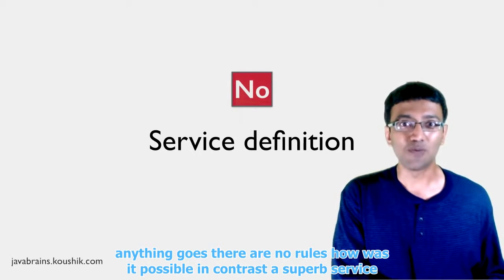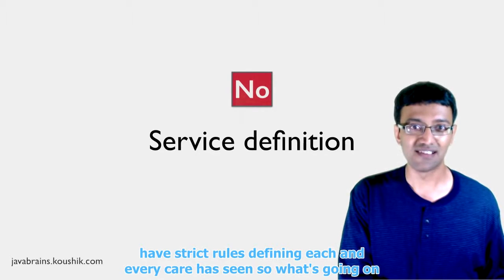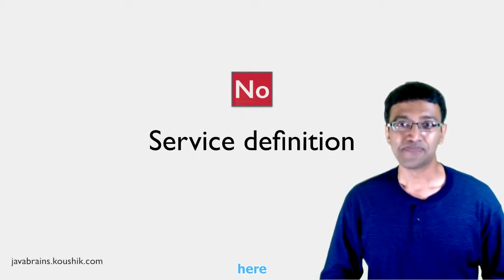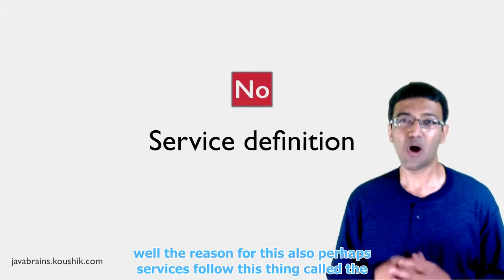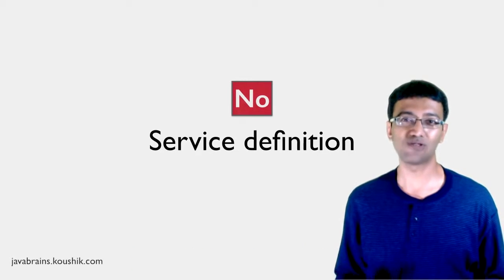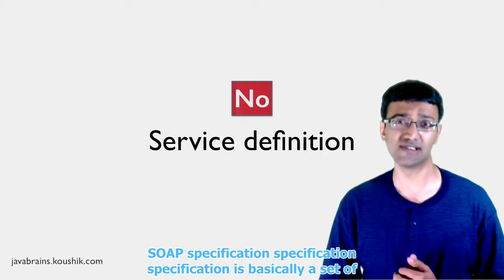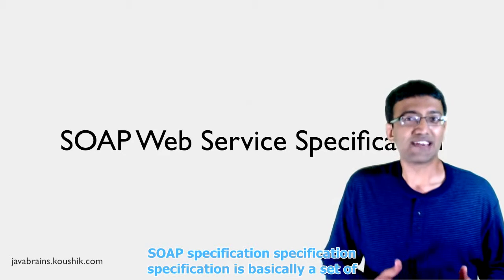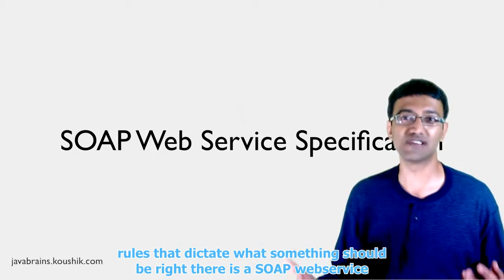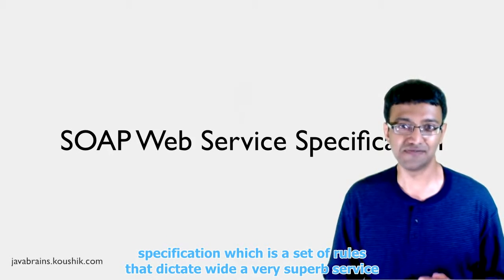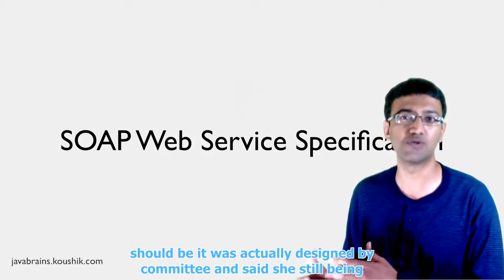In contrast, a SOAP web service has strict rules defining each and every characteristic that we have seen. So what's going on here? Well, the reason for this is actually very simple. All SOAP web services follow the SOAP specification. What's a specification? A specification is basically a set of rules that dictate what something should be. So there is a SOAP web service specification, which is a set of rules that dictate what every SOAP web service should be.